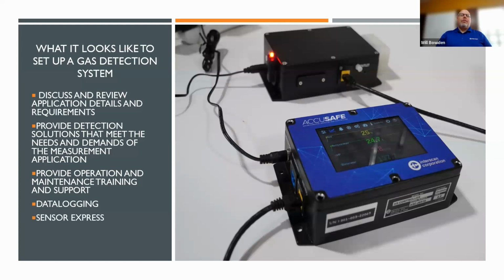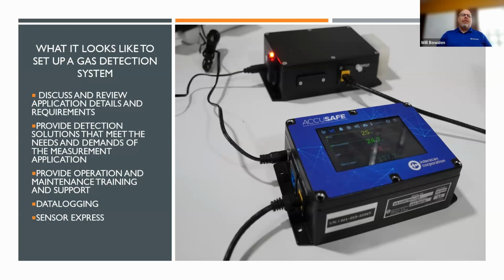Another program we have is Sensor Express. Sensor Express eliminates the need to calibrate sensors on site. The program basically provides a new calibrated sensor every 3 months that's ready to go. You receive it, plug it right in, and you're good to go.